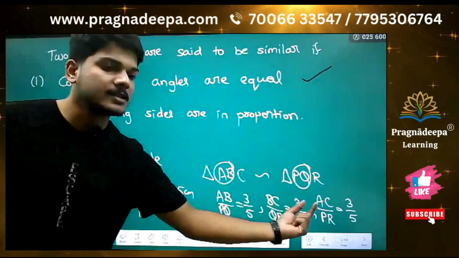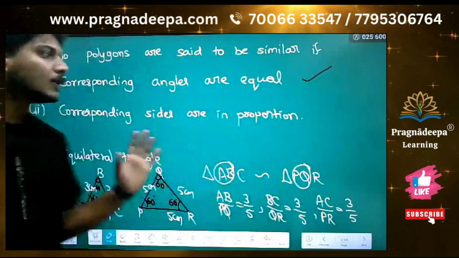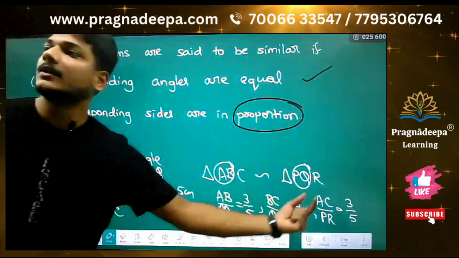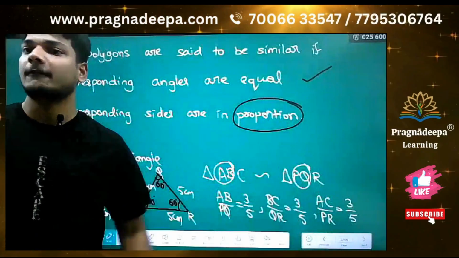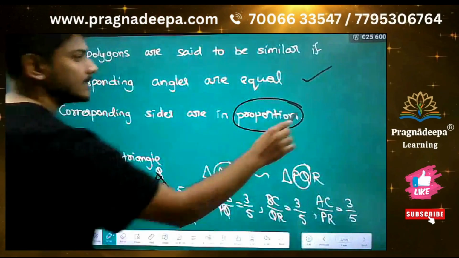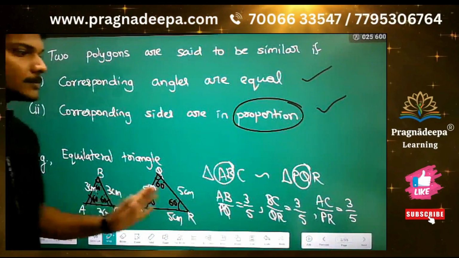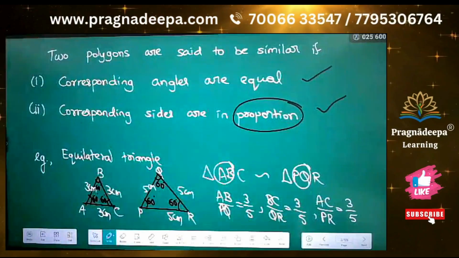Okay, proportionality constant, that will be equal to some constant. So here that constant value is 3 by 5. Okay, so therefore it satisfies the second condition. Corresponding sides are in proportion.